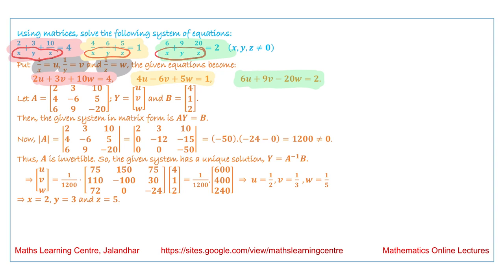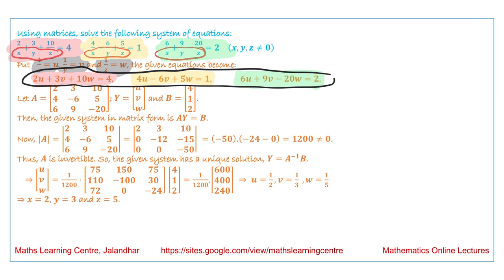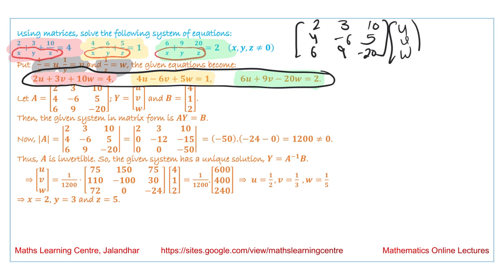Now corresponding to these three equations, we can write the coefficient matrix 2, 3, 10, then 4 minus 6, 5, 6, 9 minus 20, into the column matrix u, v, w, and this is equal to 4, 1 and 2.